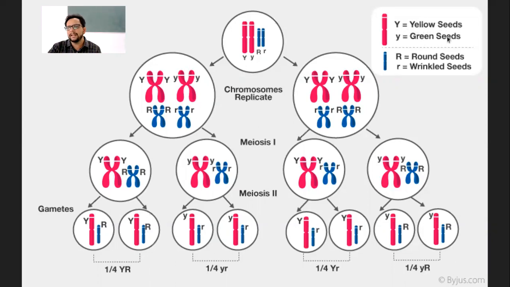Yellow seed and green seed. The color is pink and blue, and they are referring to this. I guess this was the most appropriate diagram I could find with respect to the traits being passed down. So capital Y is yellow seed, small y is green seed, capital R is round seed, and small r is wrinkled seed. It's the same dihybrid cross that we had seen earlier, but specifically with respect to the gamete formation we are looking here.